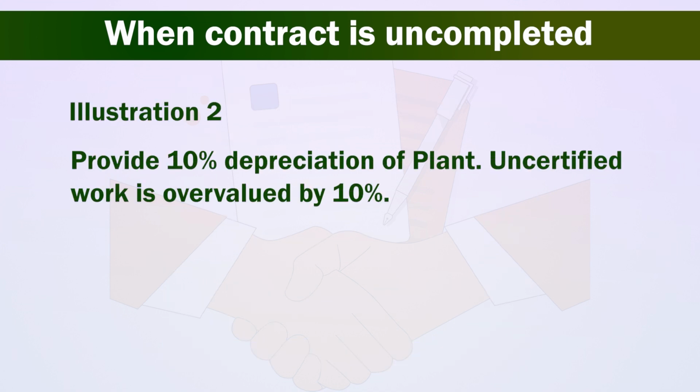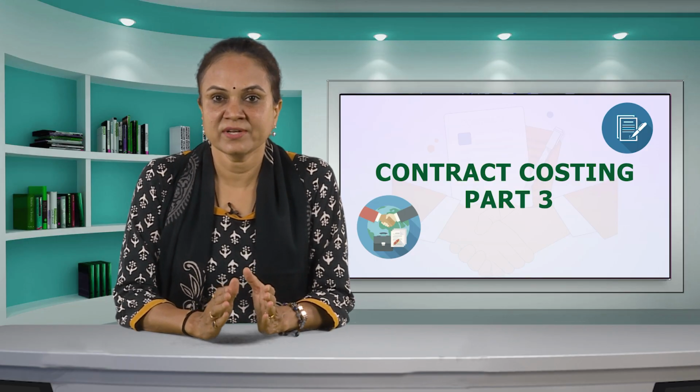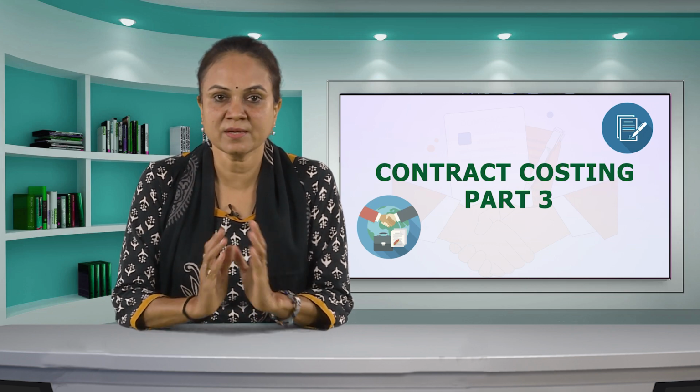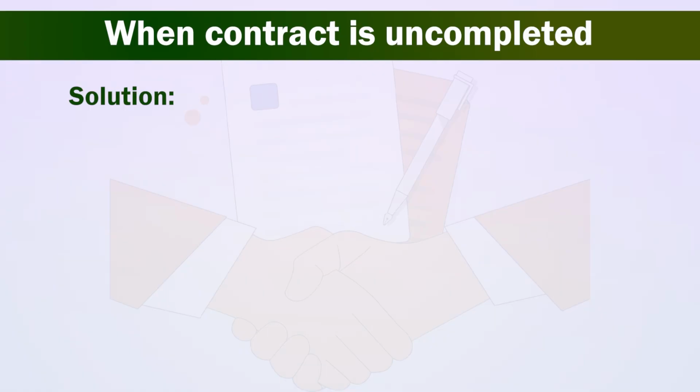Provide 10% depreciation of plant. Uncertified work is overvalued by 10%. Prepare contract number 777 and work in progress account in the books of our company limited. Let's prepare the solution.